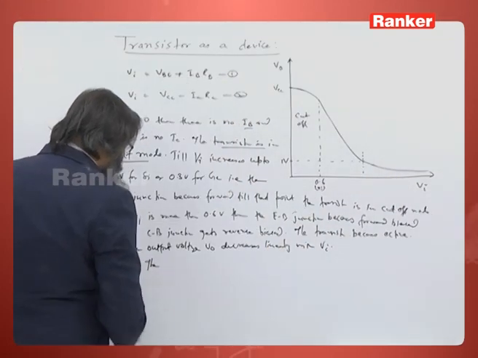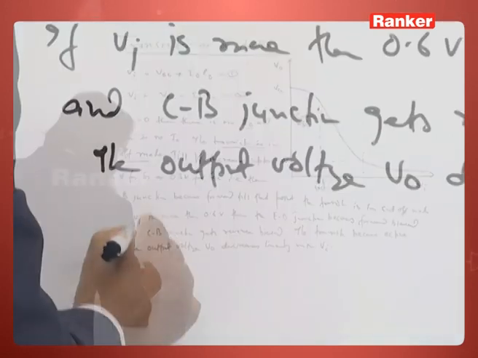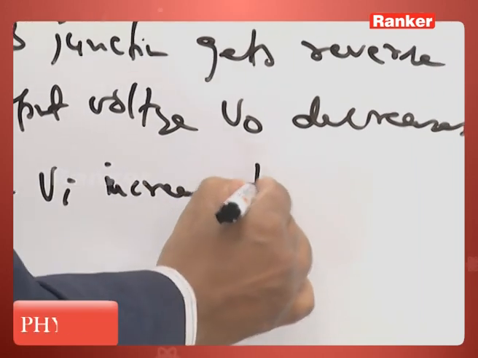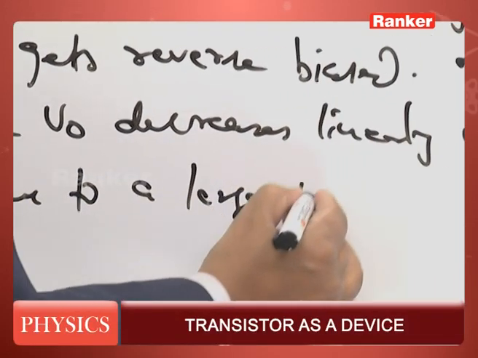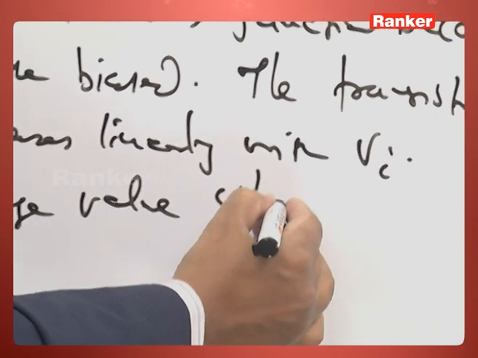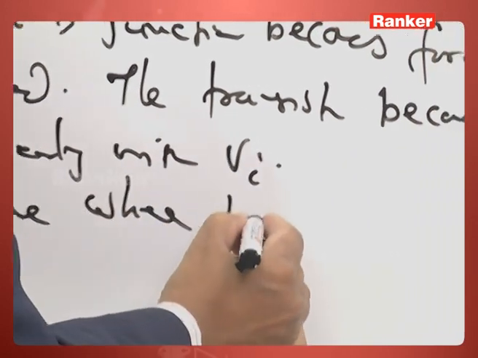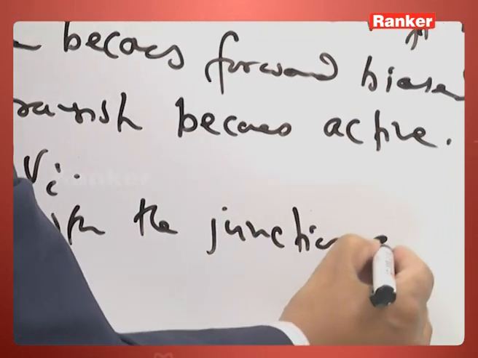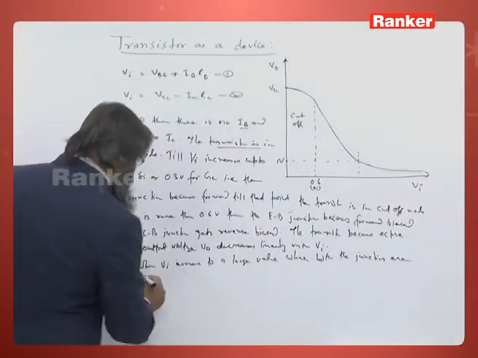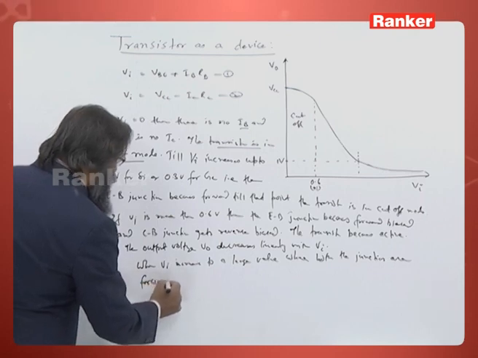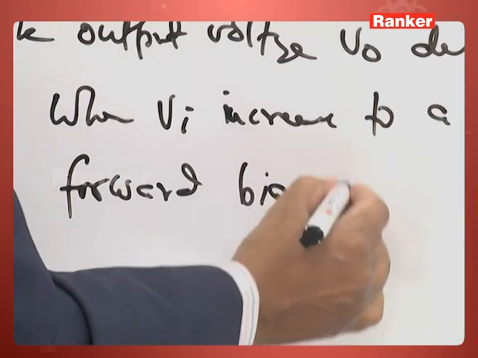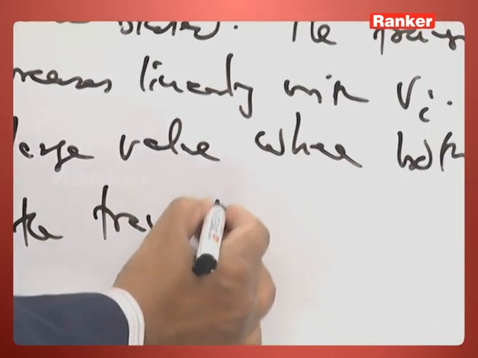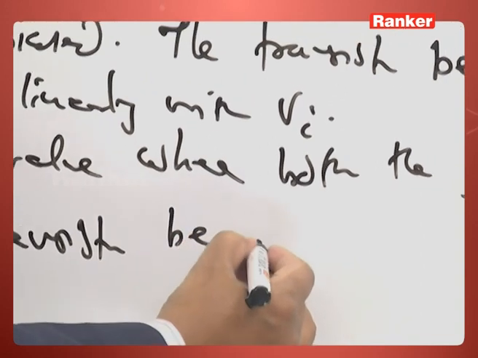When input becomes very large, when Vi increases to a large value where both the junctions are forward biased, then the transistor becomes saturated.